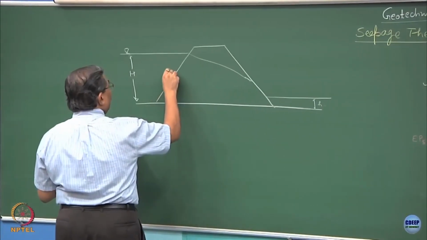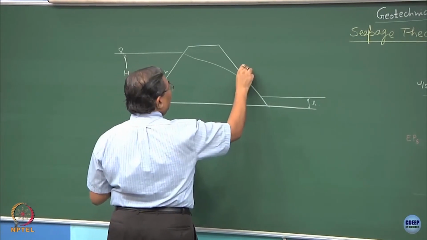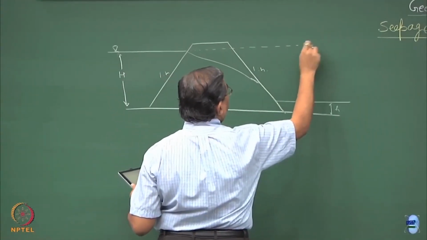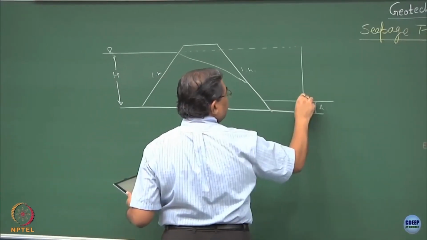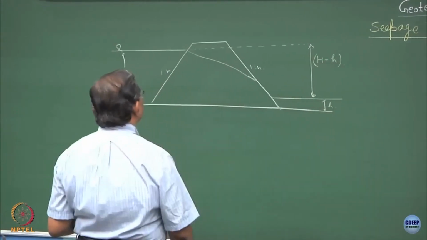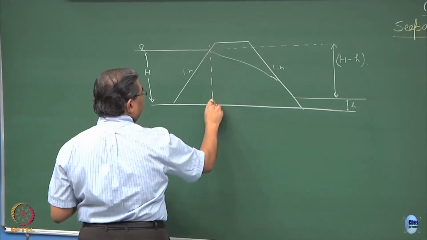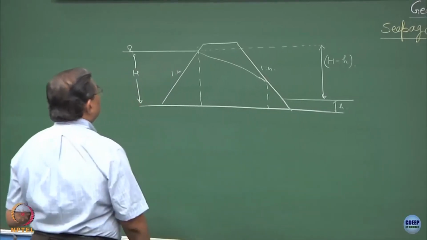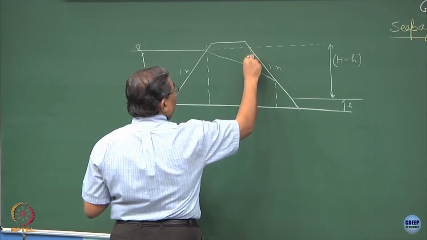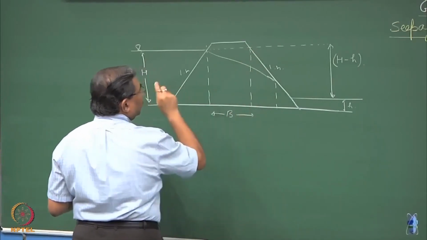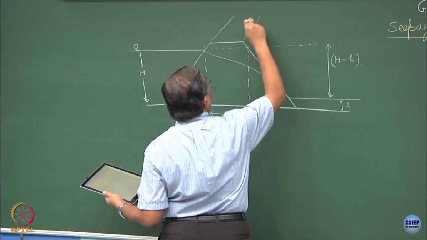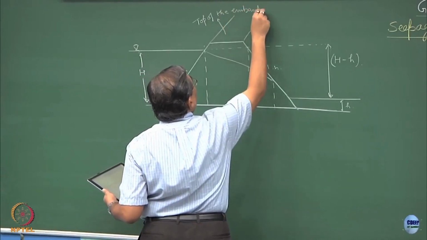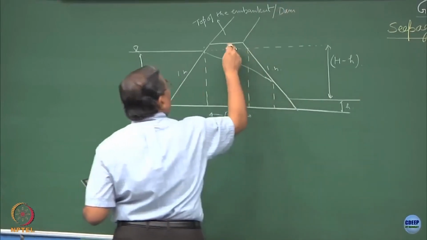If I consider this as 1:m and 1:n, if I draw this line further and if I treat this as h minus h, if I shift the origin at this point, if I consider this as B, this will be the top of the embankment, or the dam, and let us say this is B1.